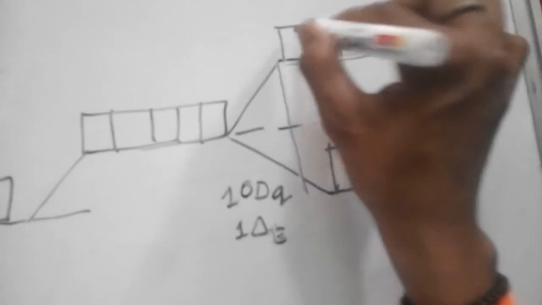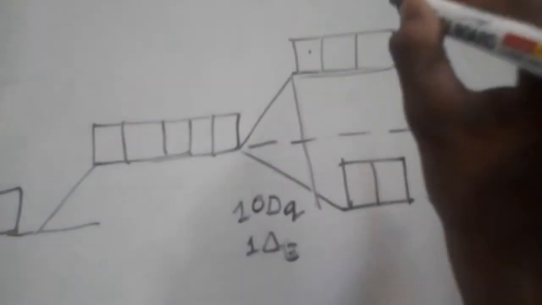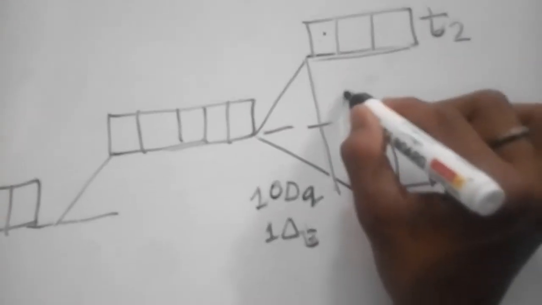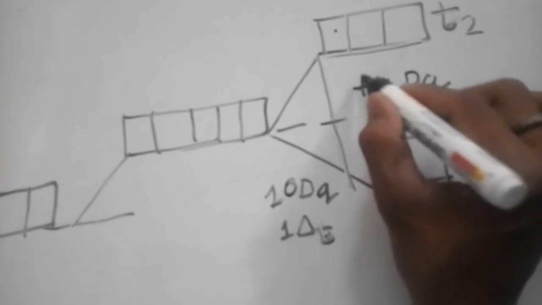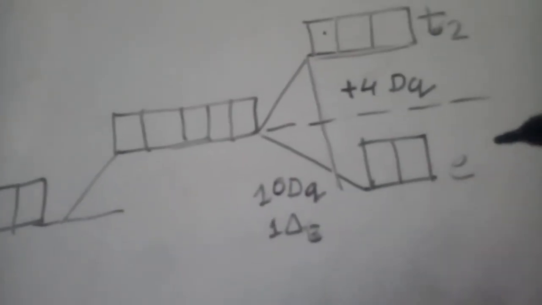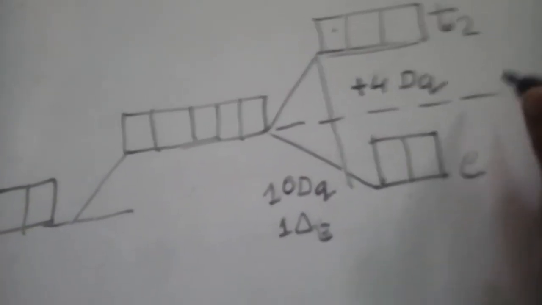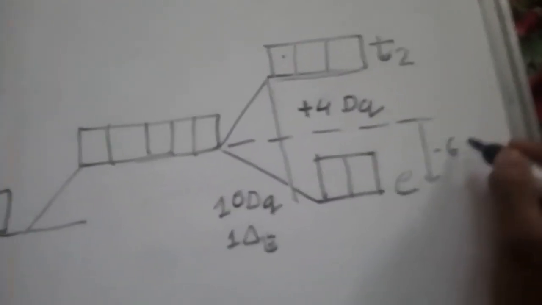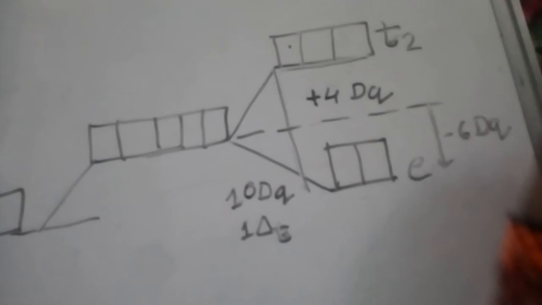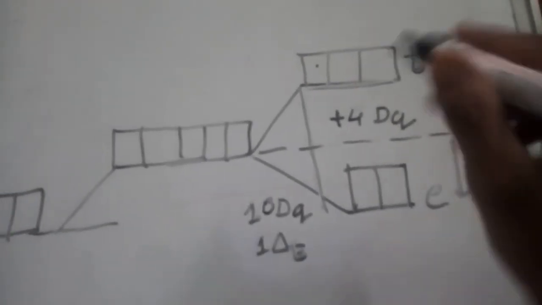Thus the electrons in T2 orbitals will destabilize the complex by plus 4 Dq, and the electrons in E orbitals will stabilize the complex by minus 6 Dq. Thus it is the inverse of octahedral.